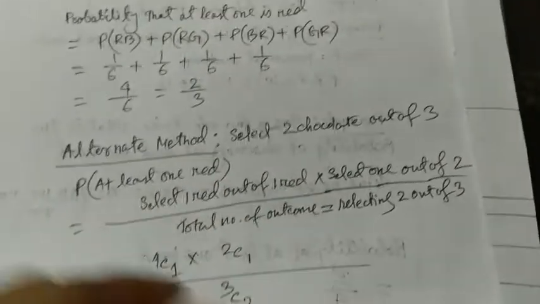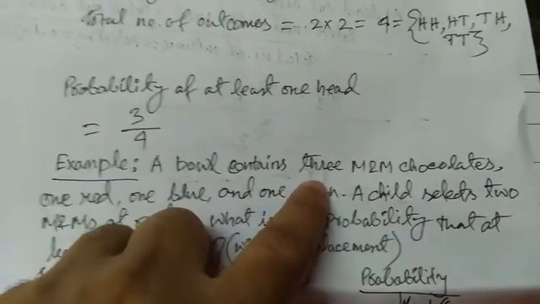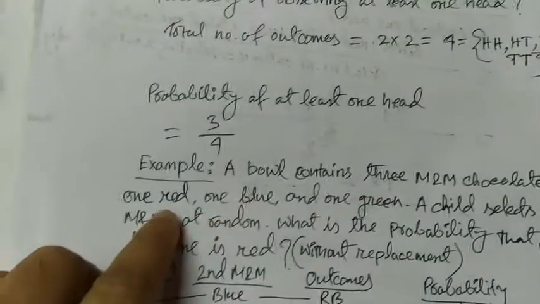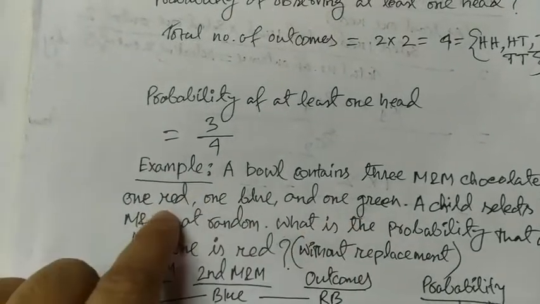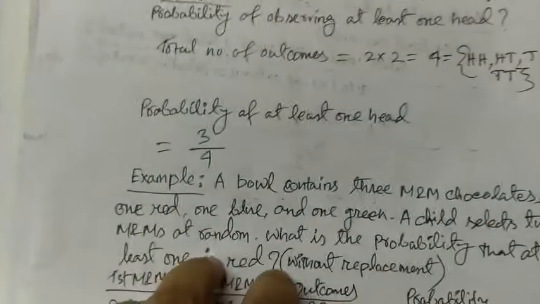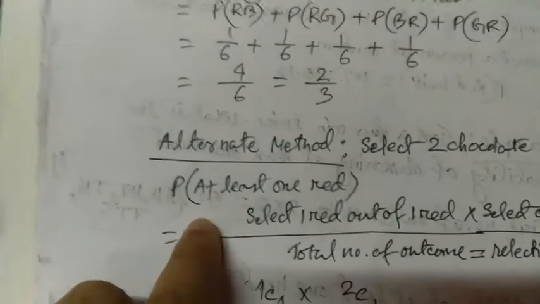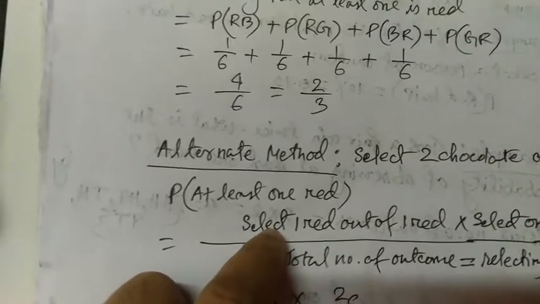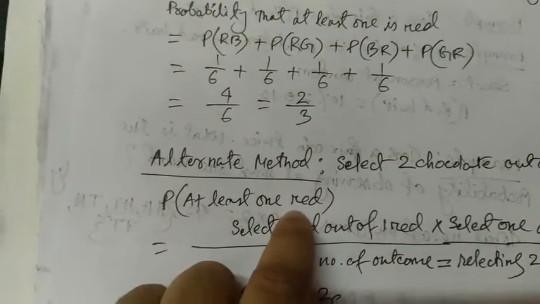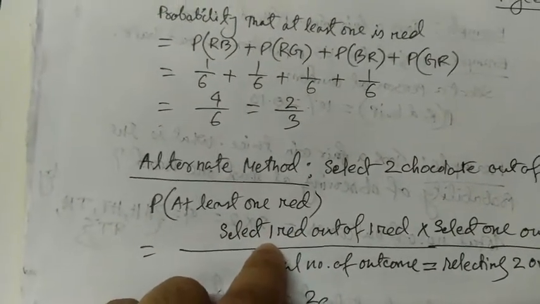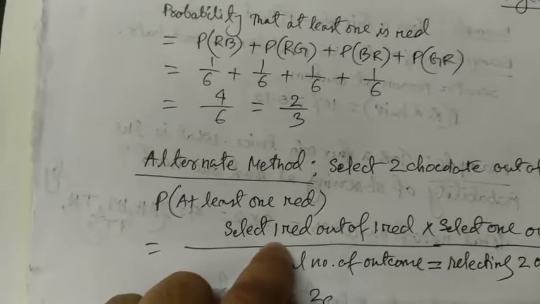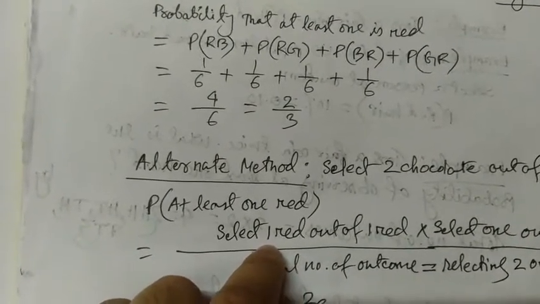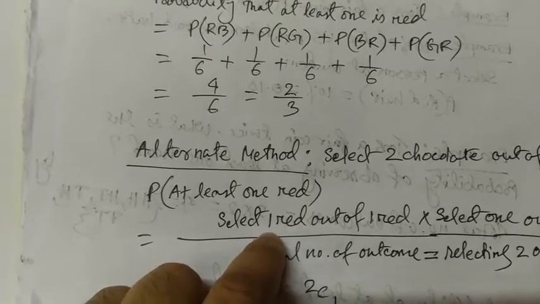From the question, the bowl has 3 chocolates, 1 red, 1 blue and 1 green. That means only 1 red is there, so the child cannot select 2 reds. He can select only 1 red, because the bowl contains only one red chocolate.